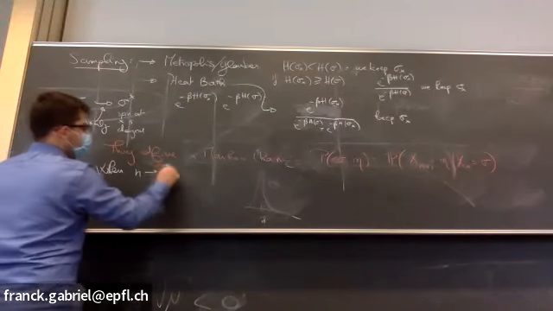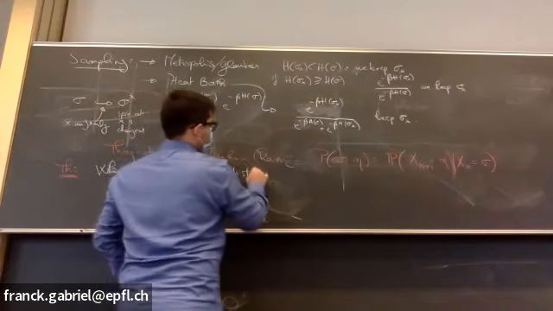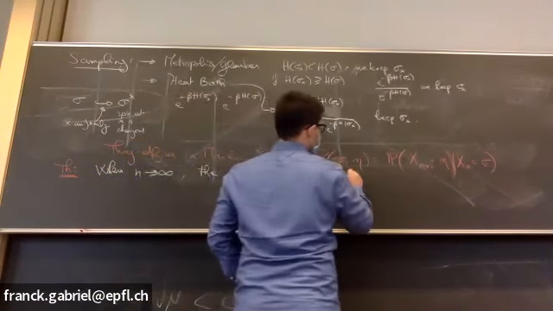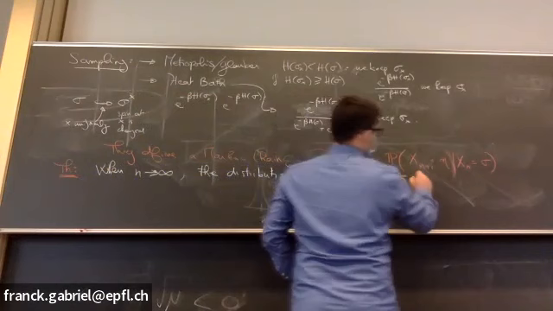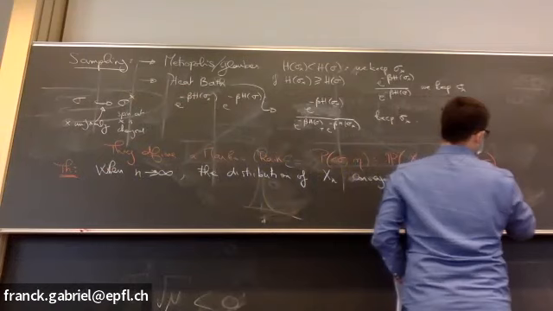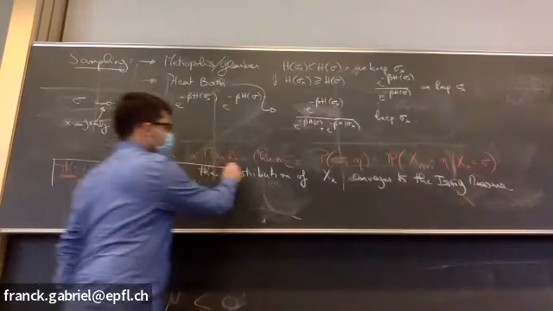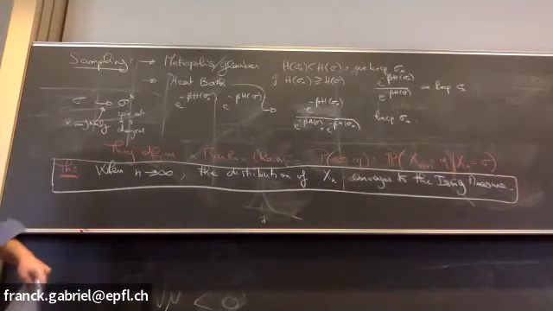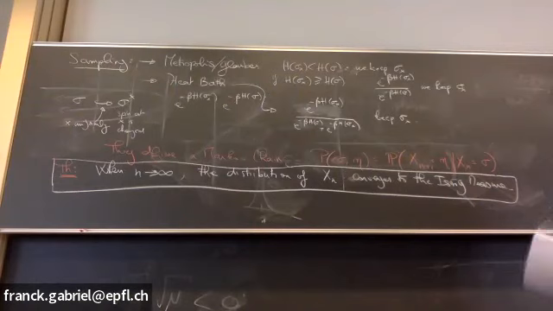When n goes to infinity, the distribution of X_n converges to the Gibbs measure. This is the thing which tells you that the algorithm actually works, at least asymptotically.